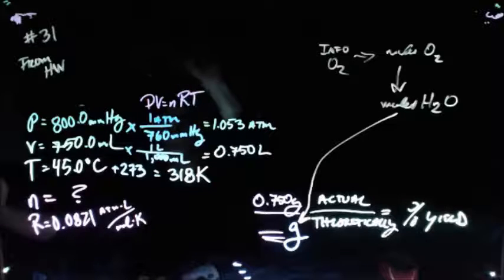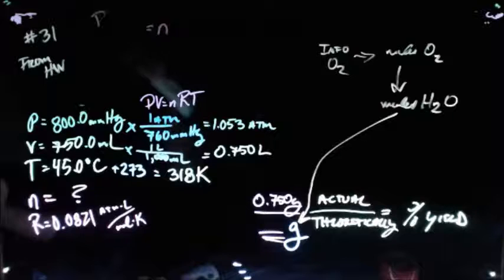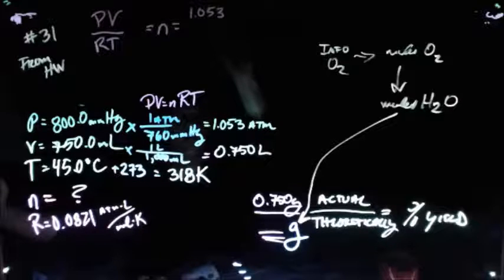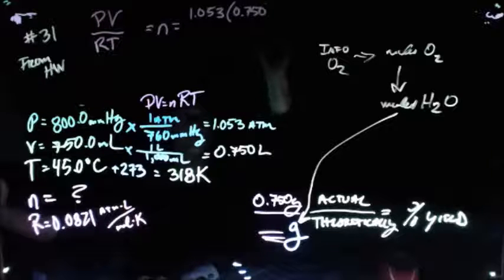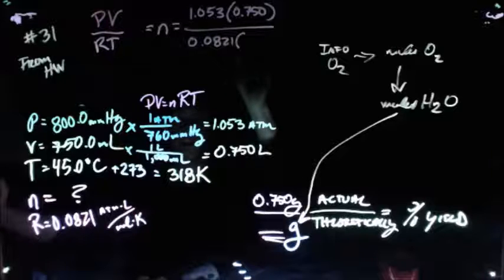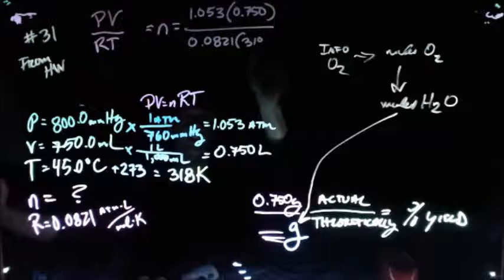So moles is going to equal PV over RT. Moles equals 1.053 times 0.750 divided by 0.0821 times 318.